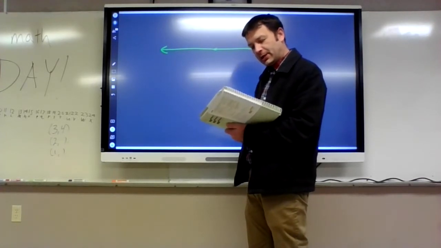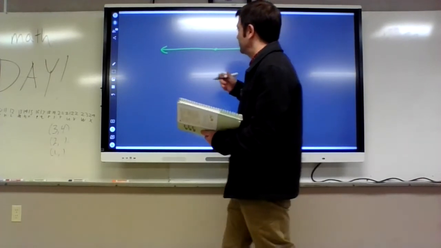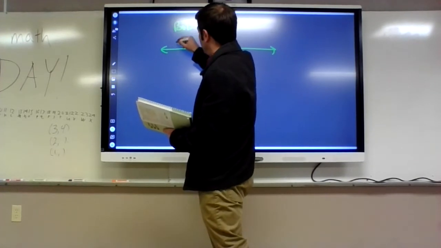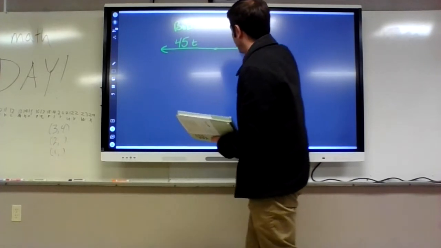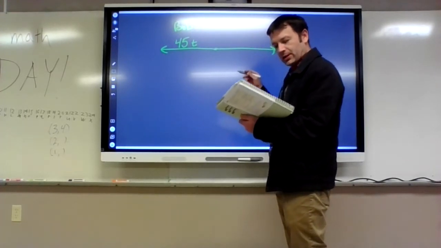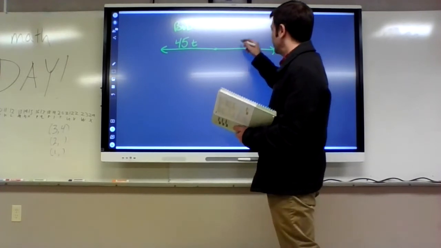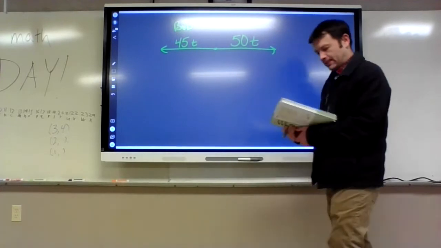So it says Bob's going west at 45 miles an hour. What do I do with the 45? That's the rate. This is Bob, so that'd be his rate. I don't know his time yet, let's put T for now. Might have to fix that later. And then the other person, Lane, was going 50 miles an hour. I'll put T for their time for now.